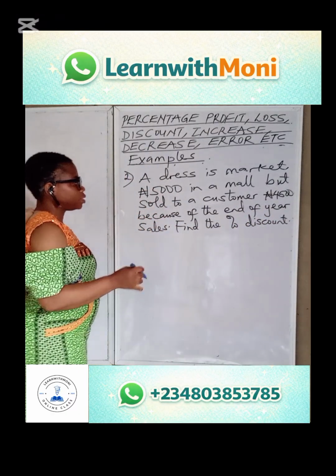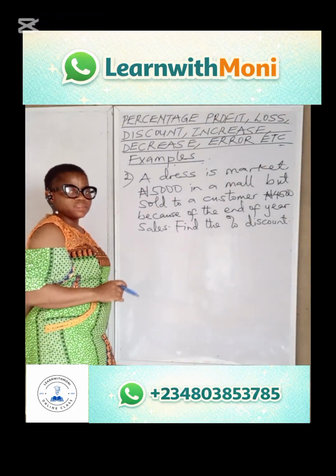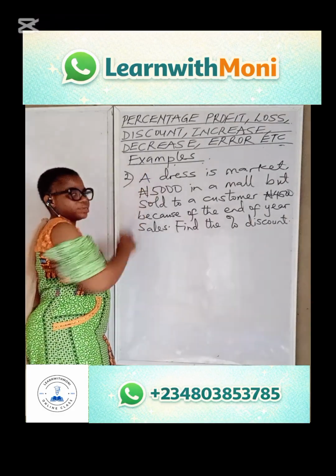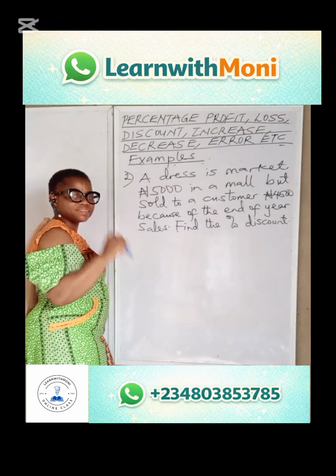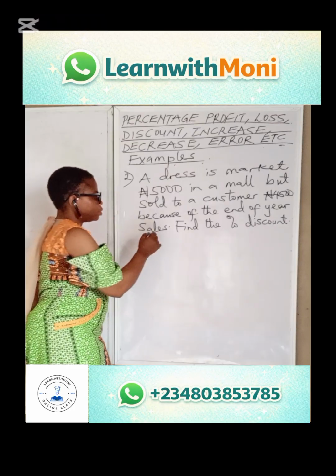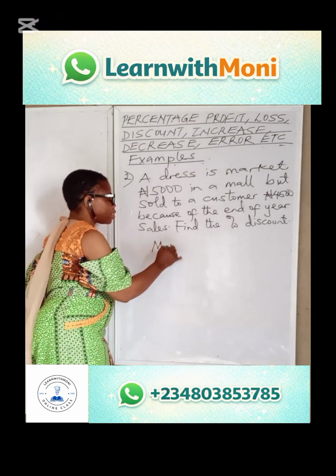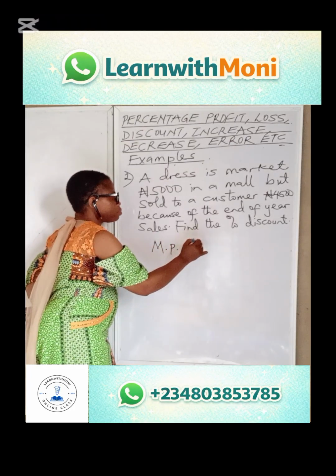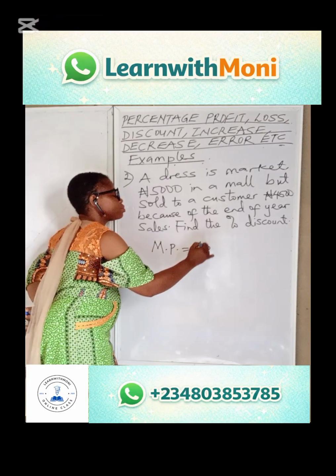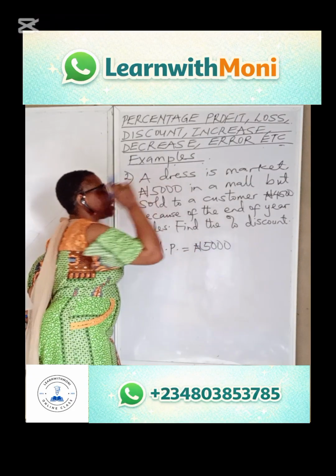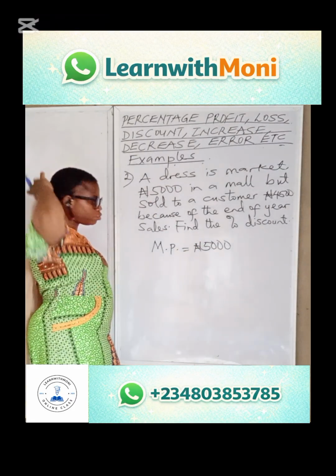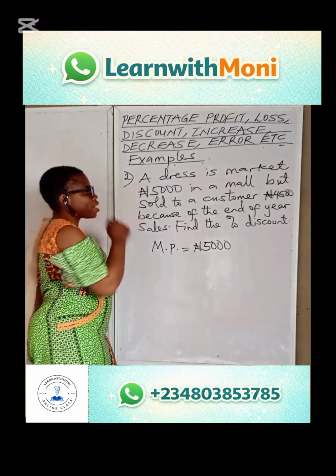Look at this. The cloth is marked 5,000 naira. That is the original price the seller intended to sell, so we are calling it the marked price. The marked price is 5,000 naira. But because it was their end of year sales, it was sold to a customer for 4,500 naira.